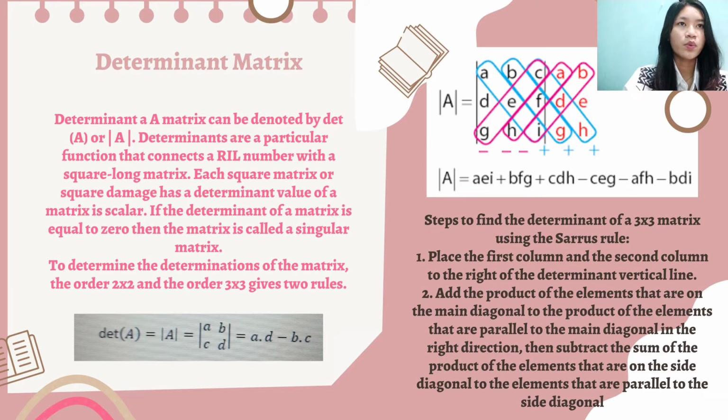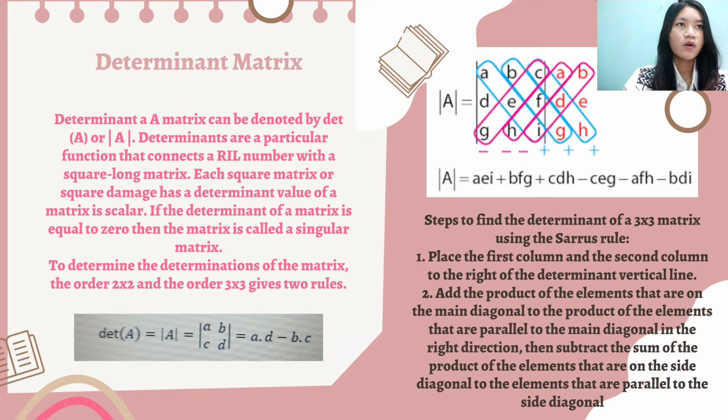The determinant of a square matrix of the order 3 times 3 can be calculated in 2 ways, namely the Sarrus rule and cofactor expansion.